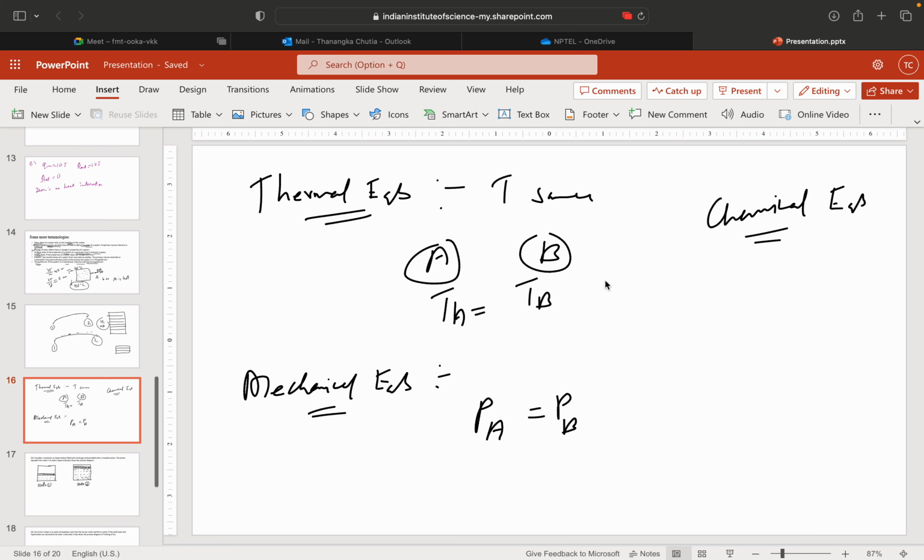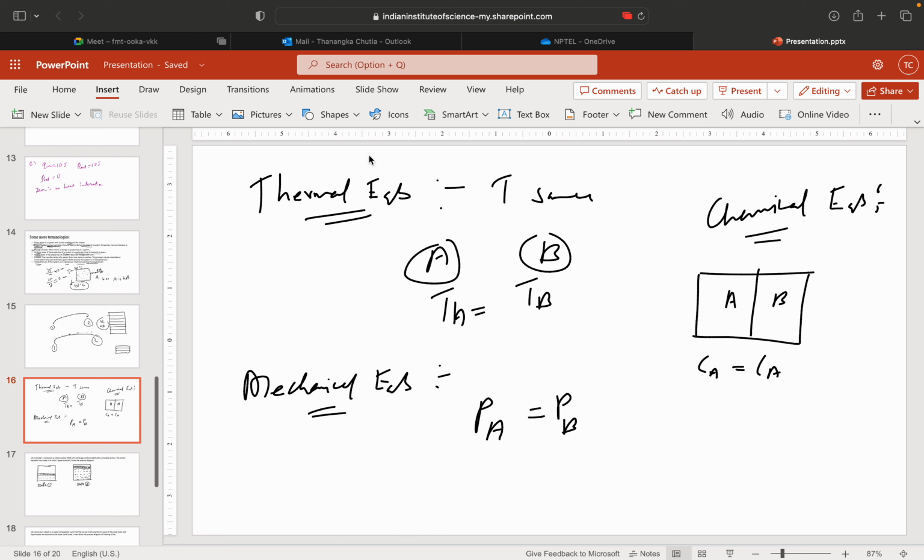Okay, so what is chemical equilibrium? Suppose there is some concentration of some particles. Suppose bodies A and B are together, and the concentration of A is equal to the concentration of B, whatever gas it may be, so there is no flow of matter from A to B. Such a type of equilibrium is called chemical equilibrium.